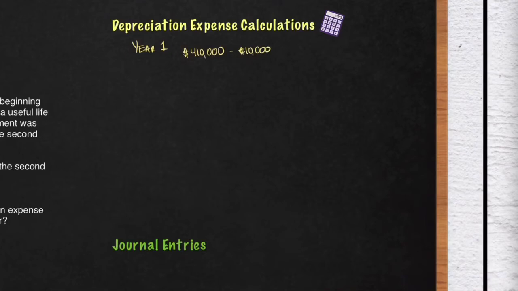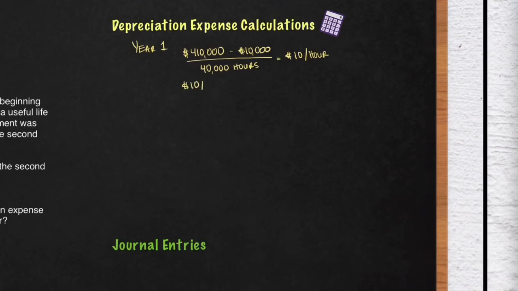And then you're going to divide that by the estimated usage. In this problem, the estimated usage is 40,000 hours. Just showing my work here. So that will equal $10 per hour. Step 1's always going to be the same for every single year, so you don't need to recalculate that.